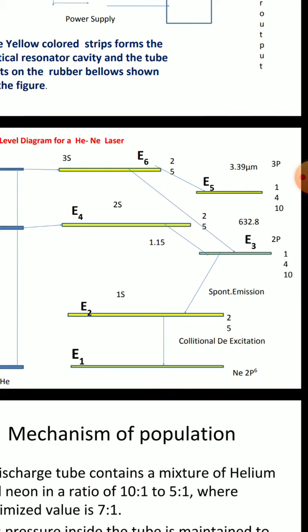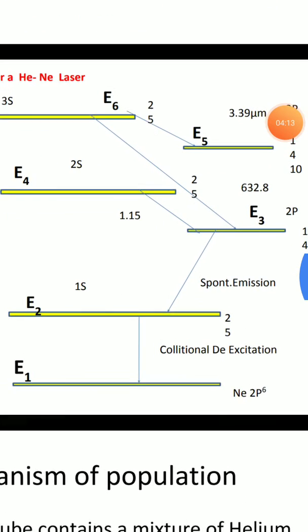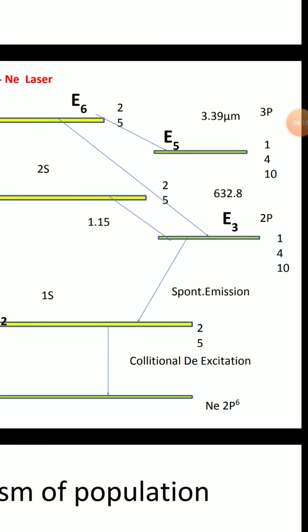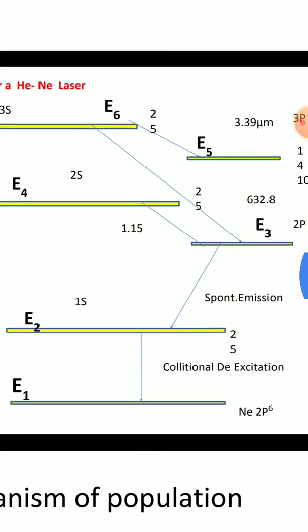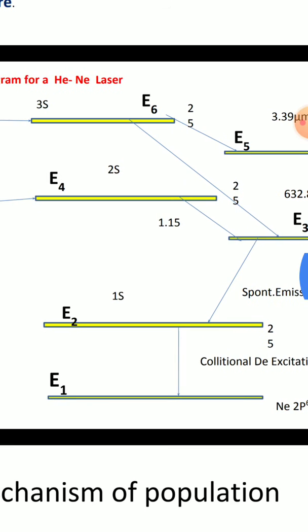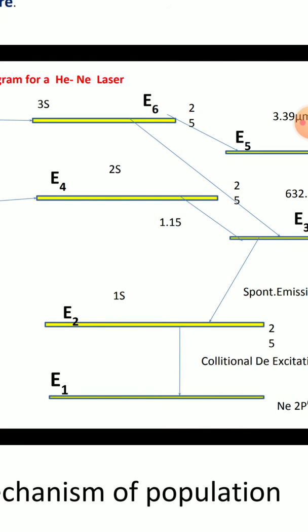What you see in the energy level diagram is a 3.39 micrometer laser, a 632.8 nanometer laser, and a 1.15 micrometer laser. You can also see the laser transitions. This 1410 represents the energy levels of E5, 1410 the energy levels of E3, and 25 the energy levels of E2, and so on.